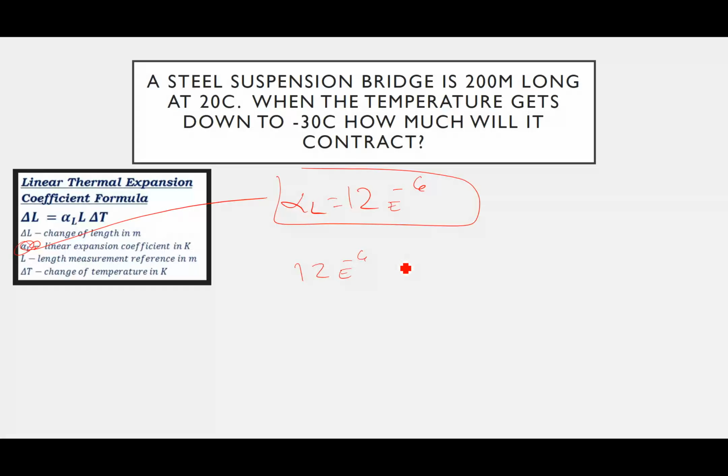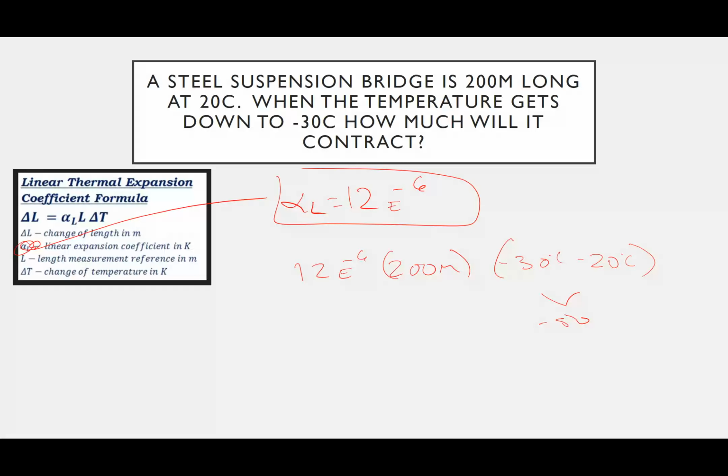The initial length of the bridge is 200 meters. And my change in temperature, remember we always do final minus initial, so it's negative 30 degrees Celsius minus 20 degrees Celsius. 30 minus 20 gives me negative 50.